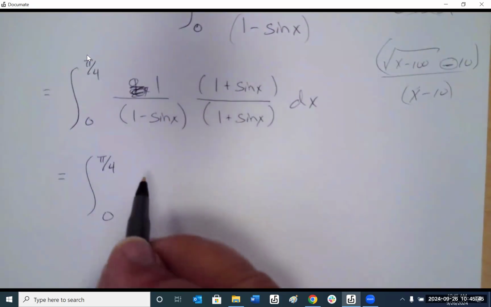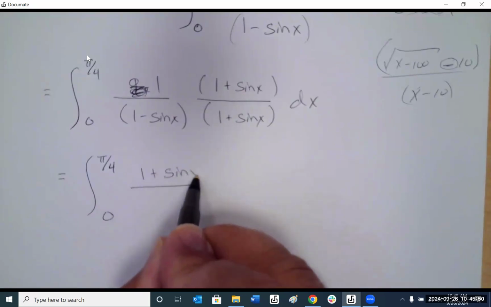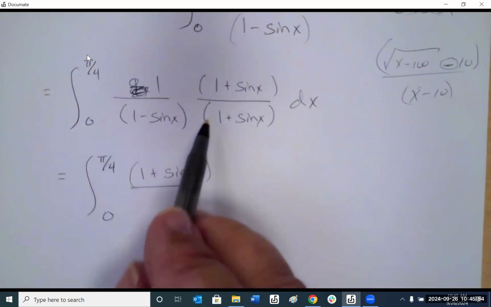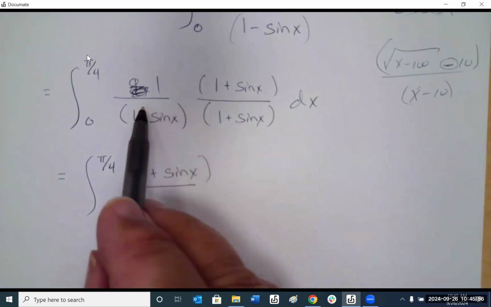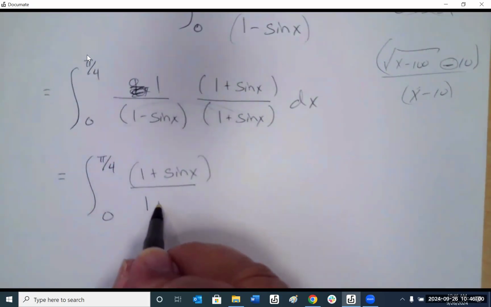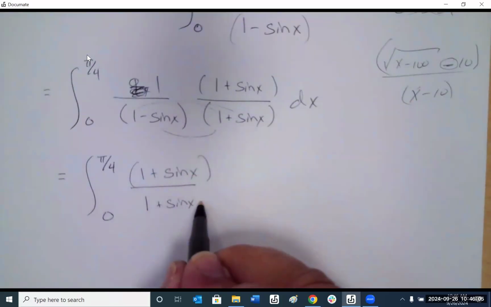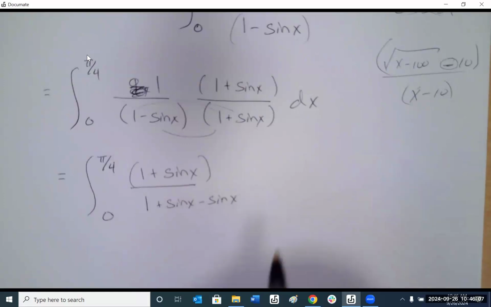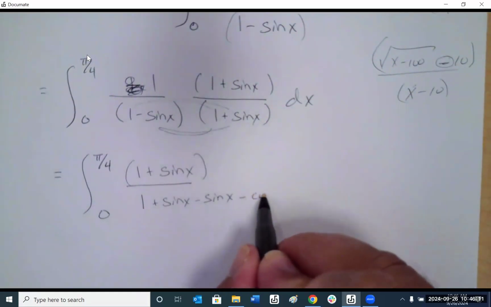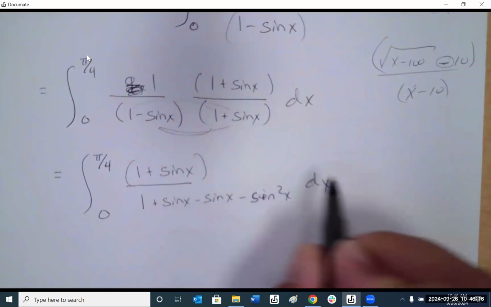So when we multiply these out, what do we get? We get 1 plus sine x on top. And what do we get on the bottom? 1 times 1 is 1, plus sine x, minus sine x, minus sine squared x dx.